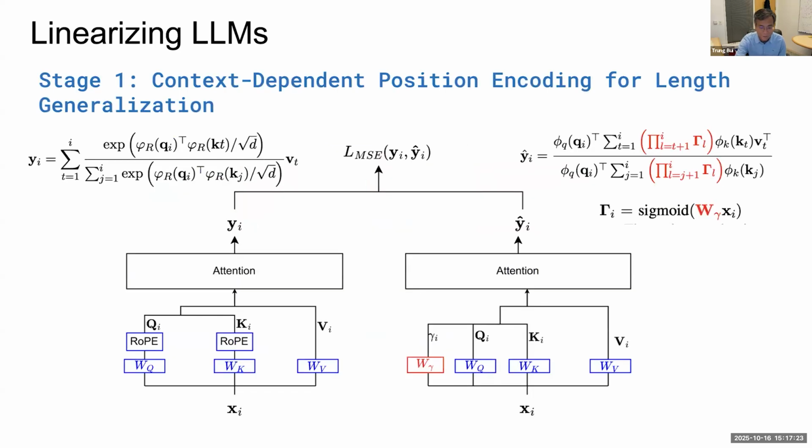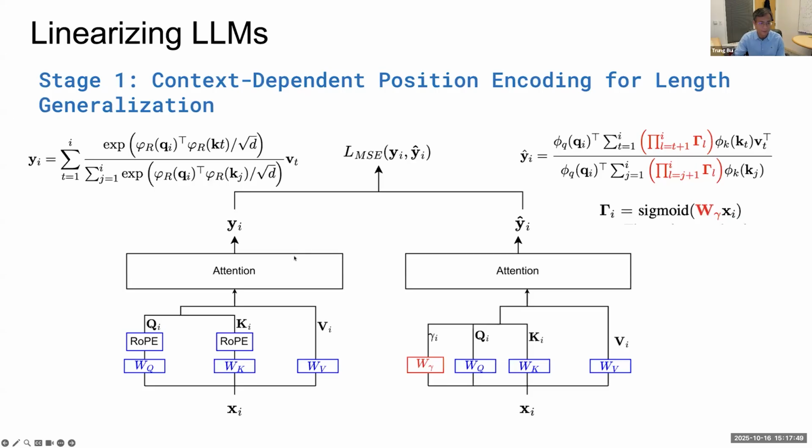Let me go to the two phases. To do that, we decompose the training into two phases. The first step is that we propose learning the context-dependent position encoding for length generalization.